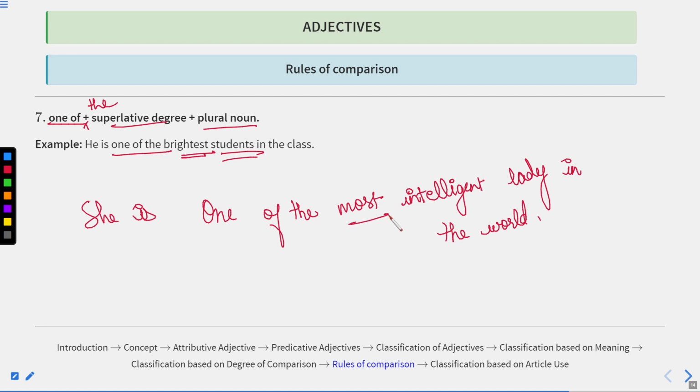So I have written most intelligent after the phrase one of the, and then lady. So this sentence is incorrect. Why so? I should write ladies. Okay. Now in the world. So this will be the correct sentence.